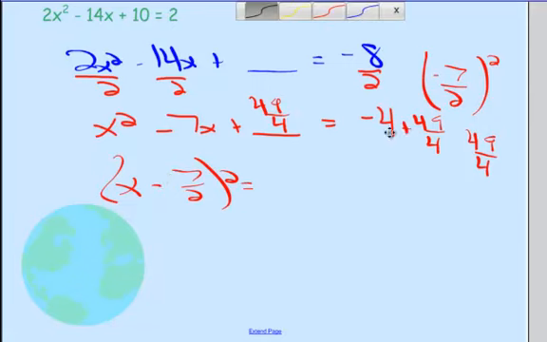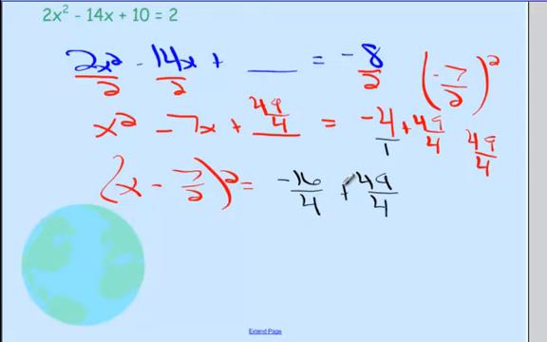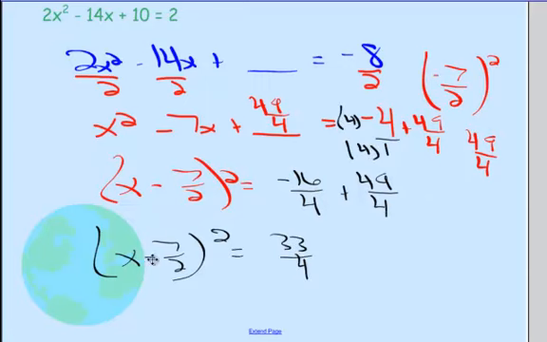We can clean this. Let's get a common denominator. So this is negative 16 fourths plus 49 over 4. If we clean up that side, we have 33 fourths, and we're going to take the square root of both sides.